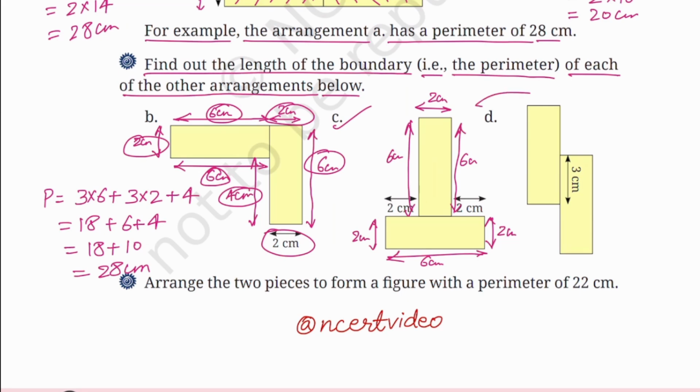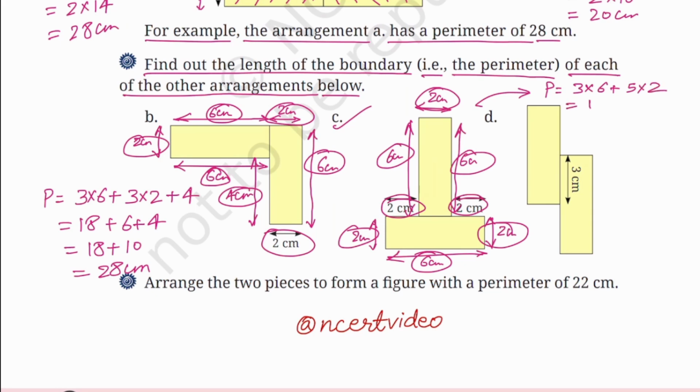Perimeter will be how many 6? 1, 2, 3. 3 into 6 plus how many 2's? 1, 2, 3, 4, 5. 18 plus 10 is equal to 28 centimeter.